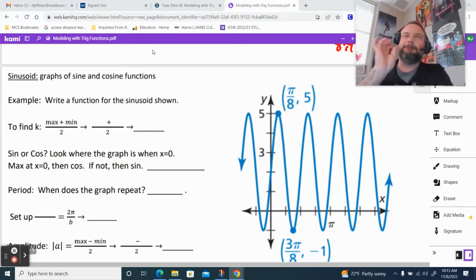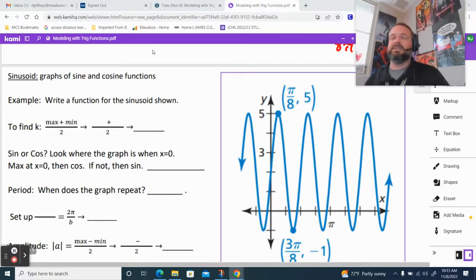It is some of the best comedy I've come up with in math in a long time. Okay, a sinusoid is a big fancy word for the graph of sine and cosine functions. That's it. Sinusoid. Almost looks like sinusoid, sinusoid. I don't know. Yeah, sinusaurus.